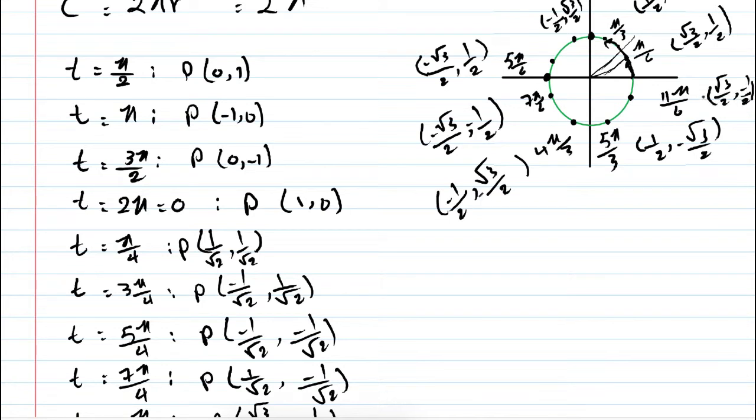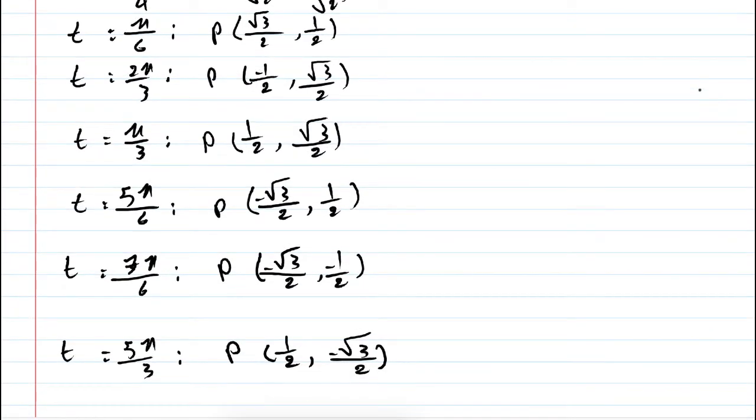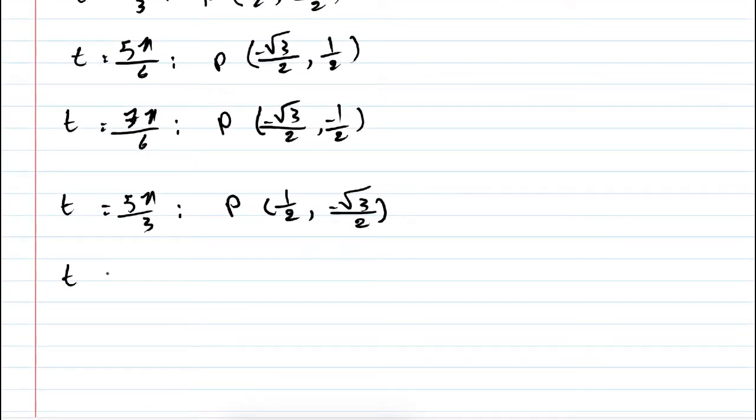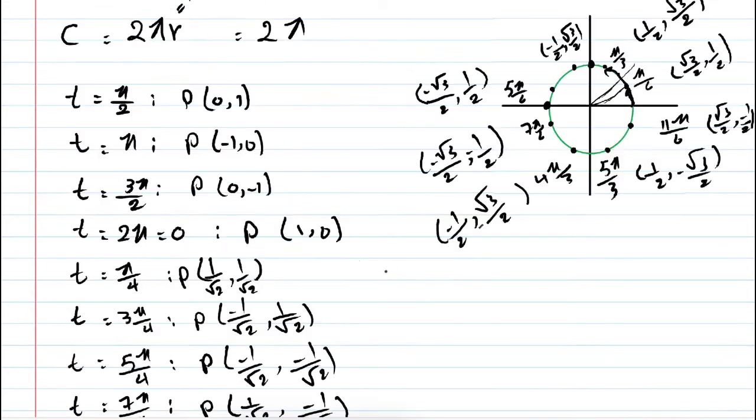So for t equaling 11 pi over 6, we have p to be the square root of 3 over 2 and negative 1 over 2. So if I travel pi over 6, I will have this terminal point. If I travel pi over 3, I will have this terminal point. If I travel 2 times pi over 6, I'll have this terminal point and so forth. So basically, this is how we come up with the terminal points.